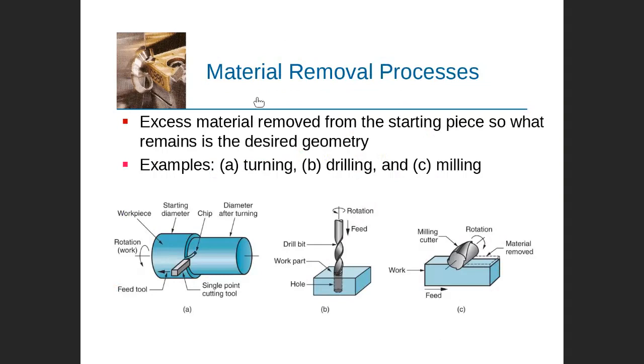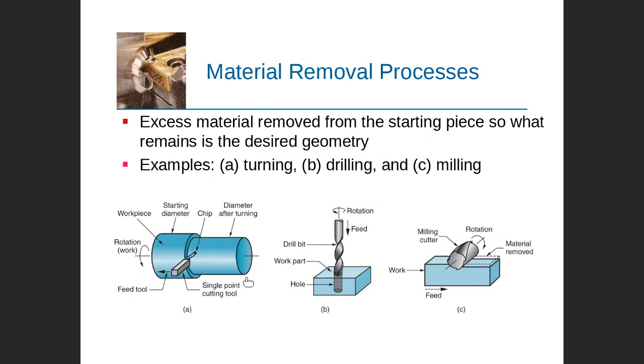Next is the material removal process. Material removal is the next part of the shaping process. In material removal, I remove a layer of the material to change the geometry. Like what we call the turning process. In turning, we remove a layer.